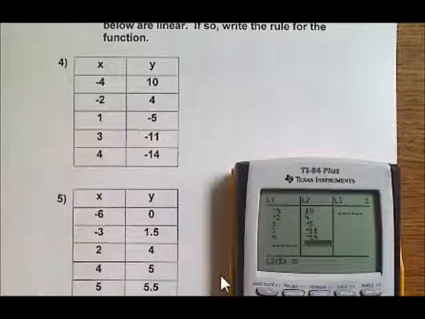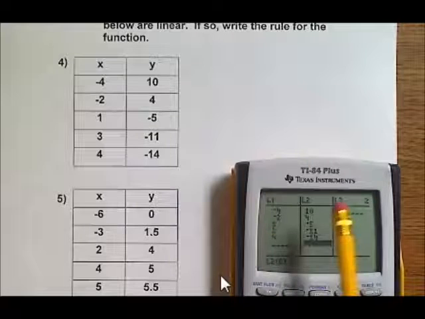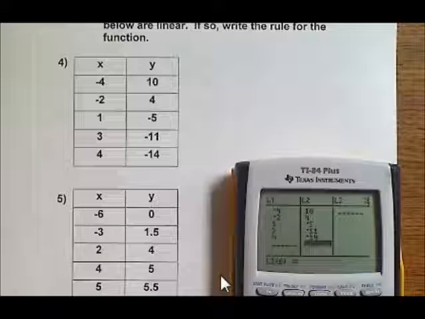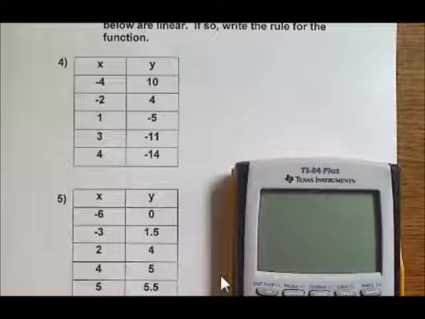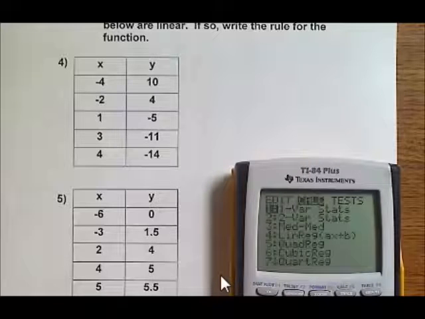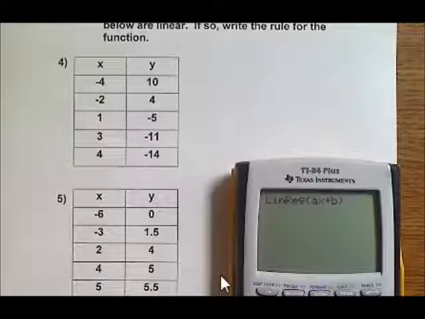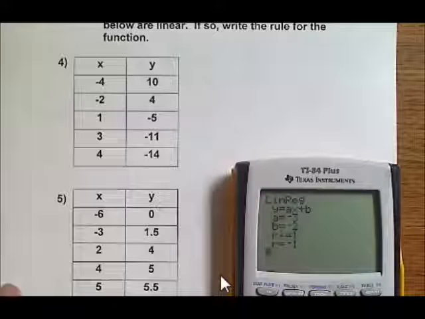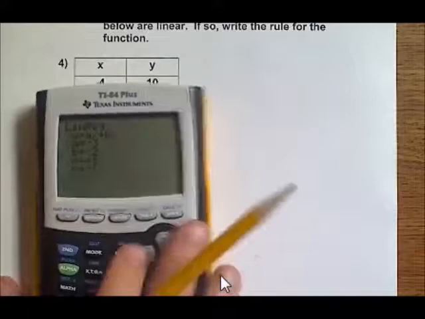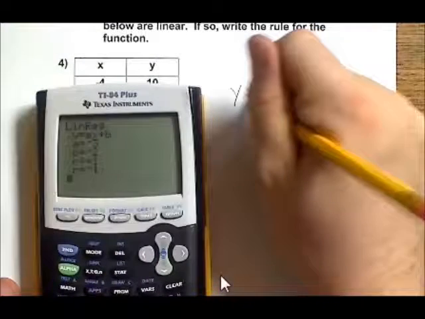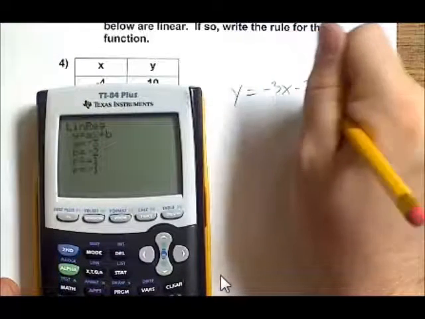Okay. Make sure that your numbers match the table. Quit out of it. Linear regression away. And we have that our R value is -1, which means, yes, we do have a nice slope. So y equals -3x minus 2.